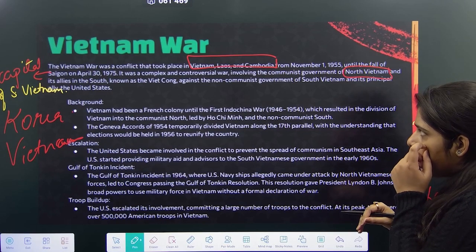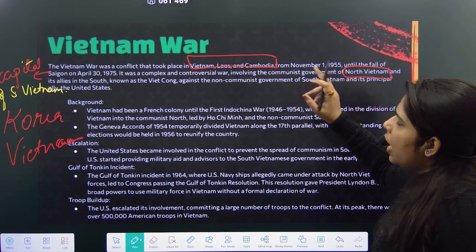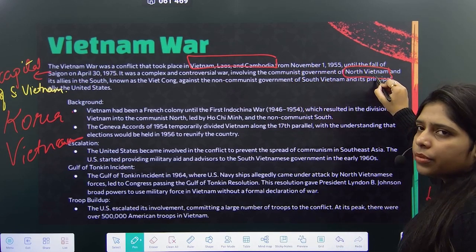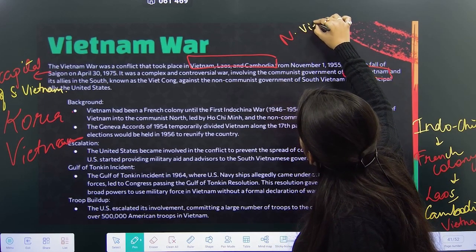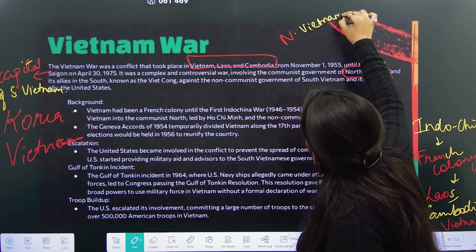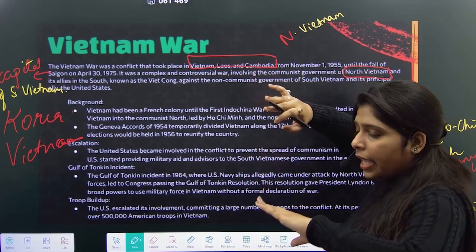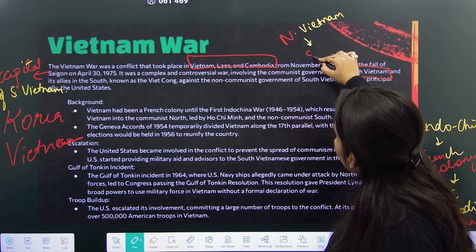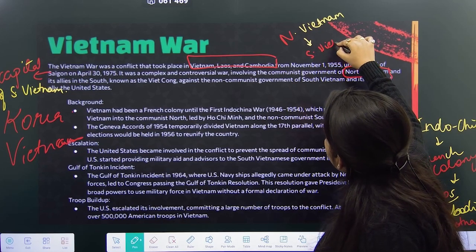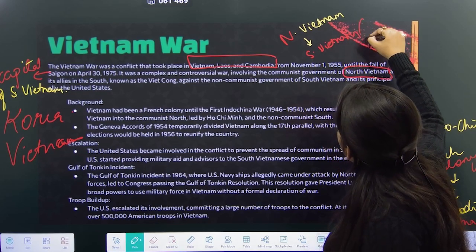See, North Vietnam is the northern part of the territory. Plus, North Vietnam had a few allies in South Vietnam, a few friends in South Vietnam.